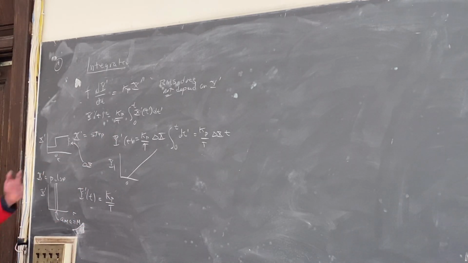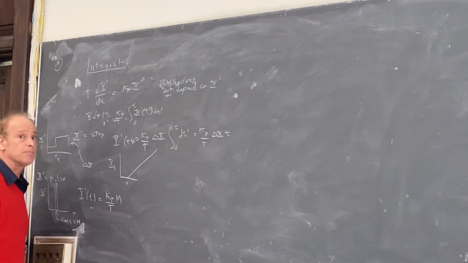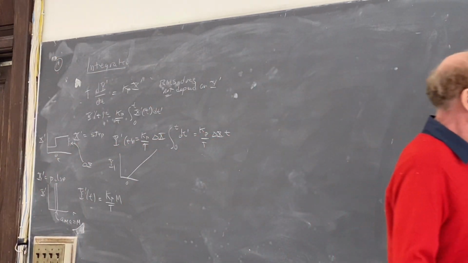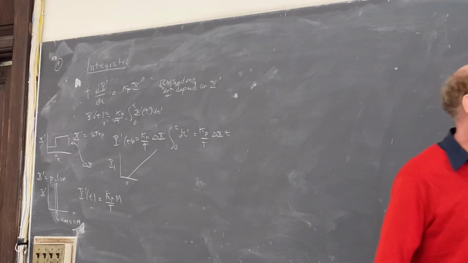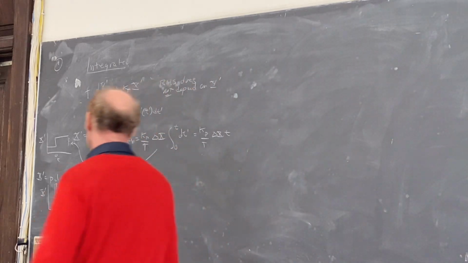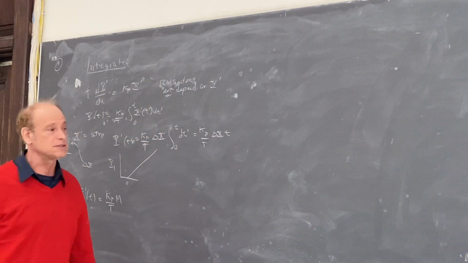The integral of the pulse is just the area. It's m. I integrate this thing. So notice that in this case, the response to a step is a finite response. Here, the response to a step is an infinite response.